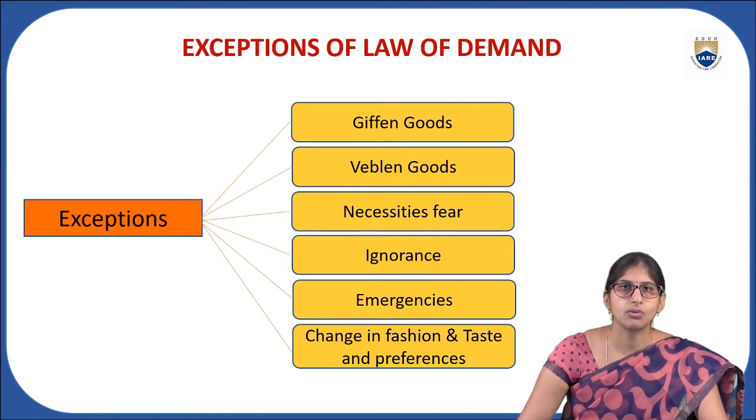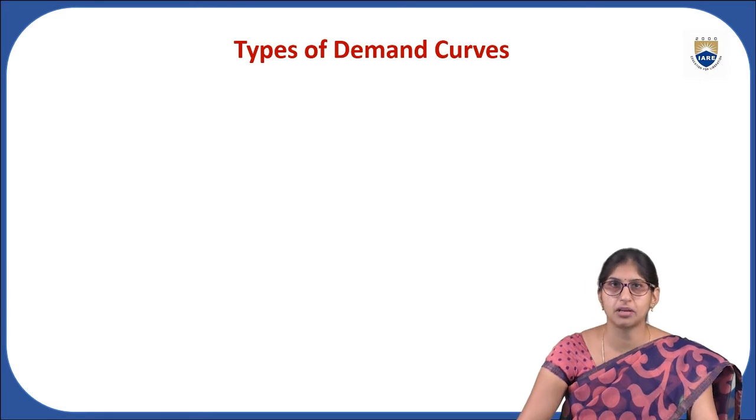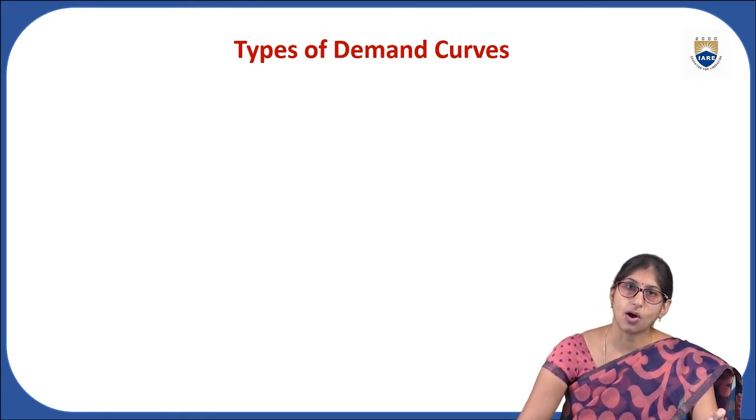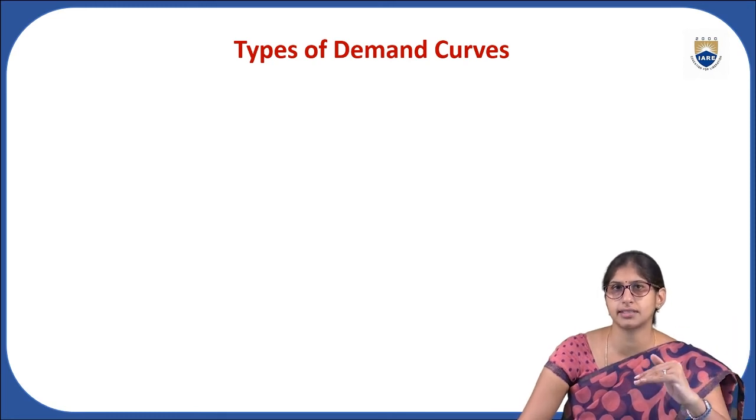Okay. So now coming to the next thing, that is types of demand curves. As we discussed, what is the law of demand? When price is increasing, demand is decreasing. Price is decreasing, demand is increasing.